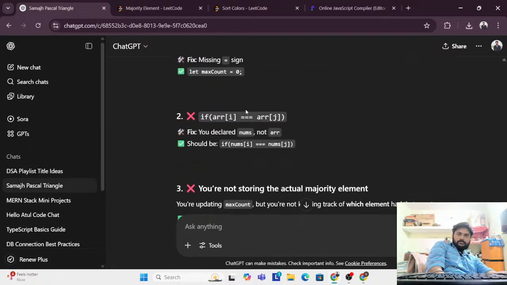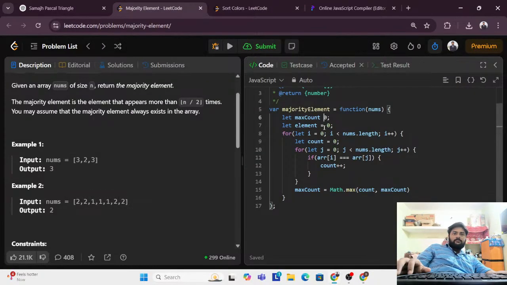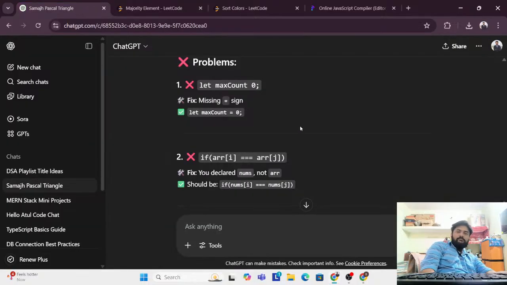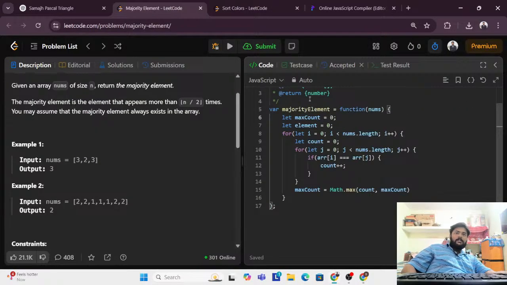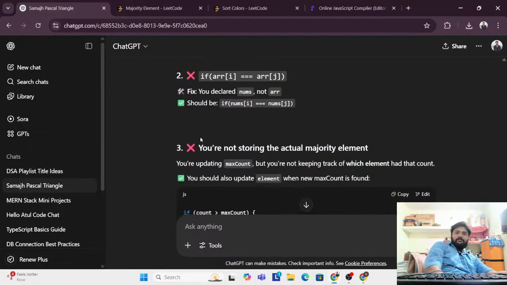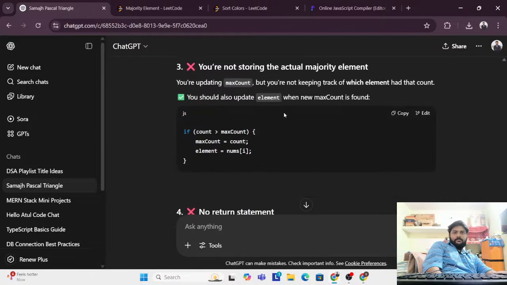No, I know my code. Come on, I must have forgotten something, or I was trying to improve the logic. Change this to value, I'm not going to change all of it. I'm not storing the actual majority element.